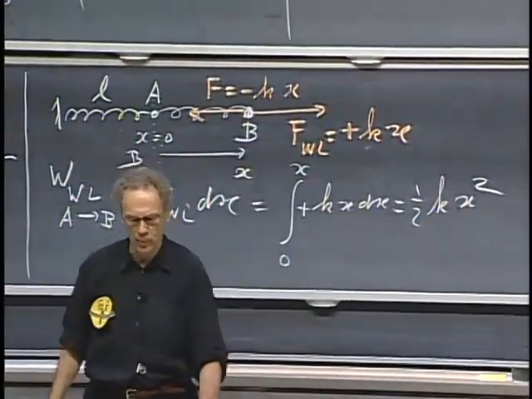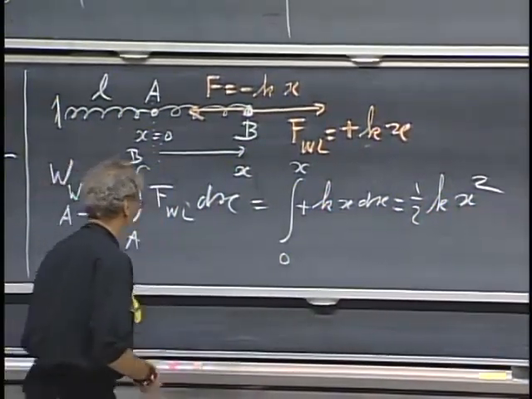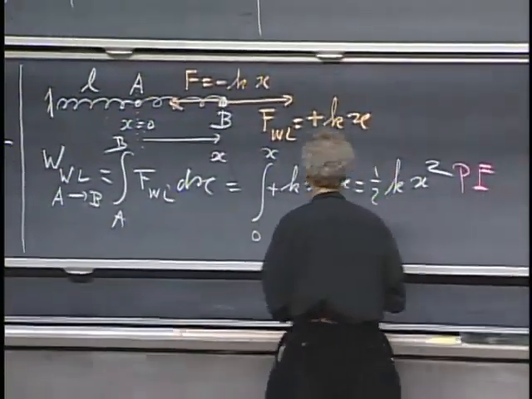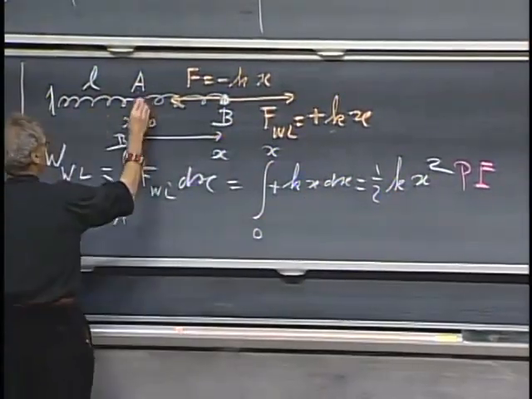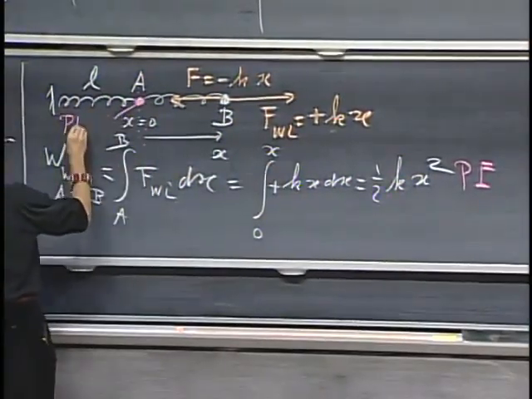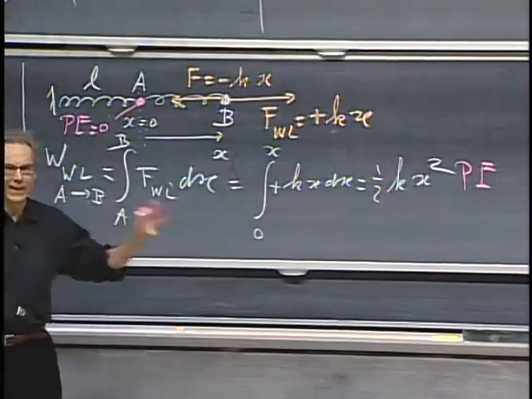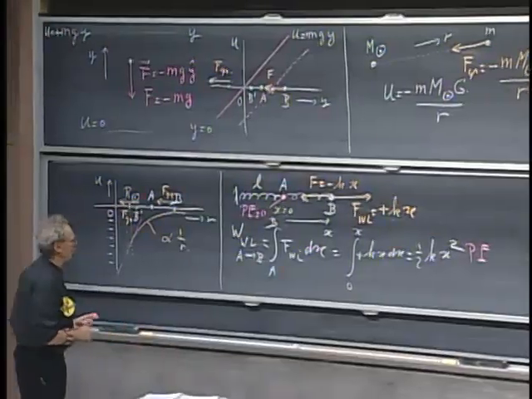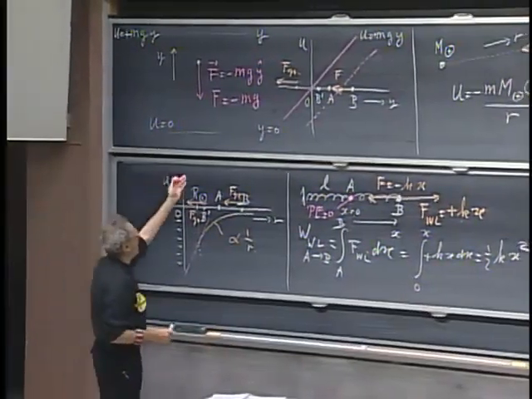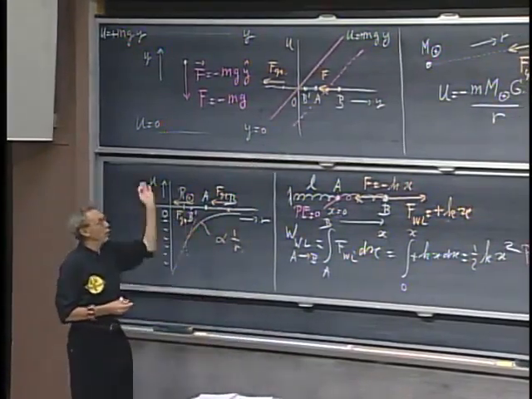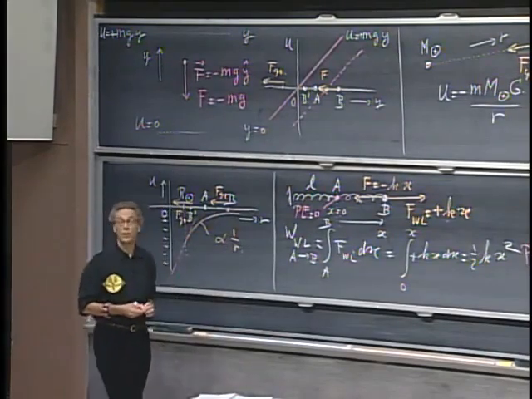And this is what we call the potential energy of the spring. It means that at x equals 0, we define potential energy to be 0. You don't have to do that, but it would be ridiculous to do it any other way. So in the case of the near-Earth situation of gravity, we had a choice where we put our 0 potential energy.